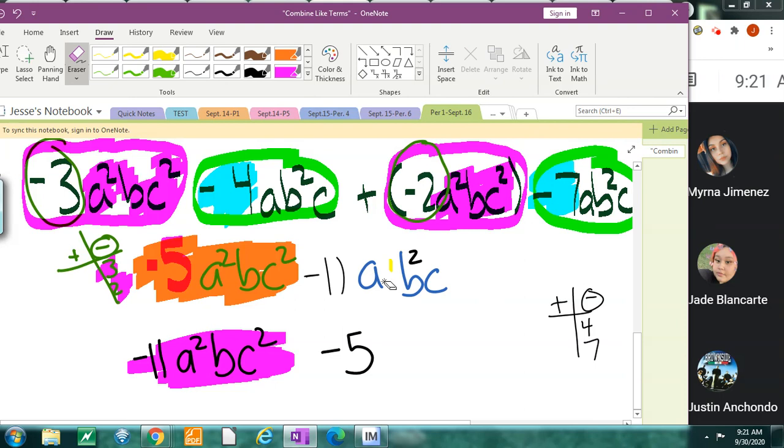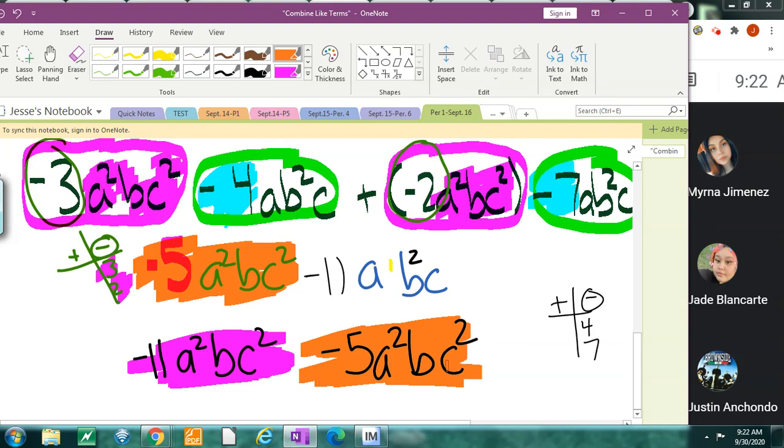All right. a b squared c is totally different from a squared b c squared. Okay. And so this is going to be -5 a squared b c squared. All right. So you could do that. So far, so good. Okay. Cool. So that's your answer.